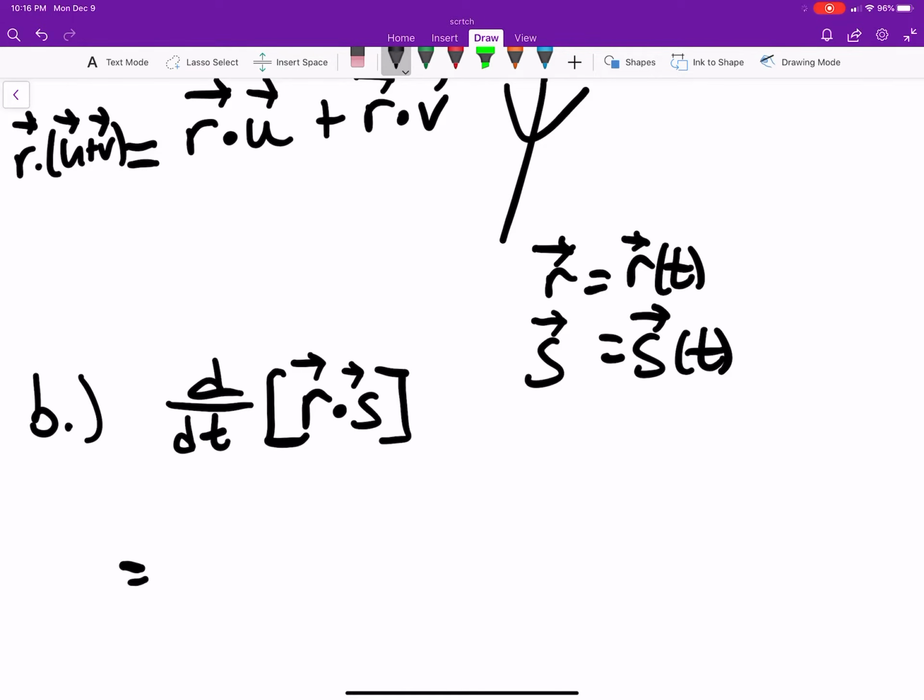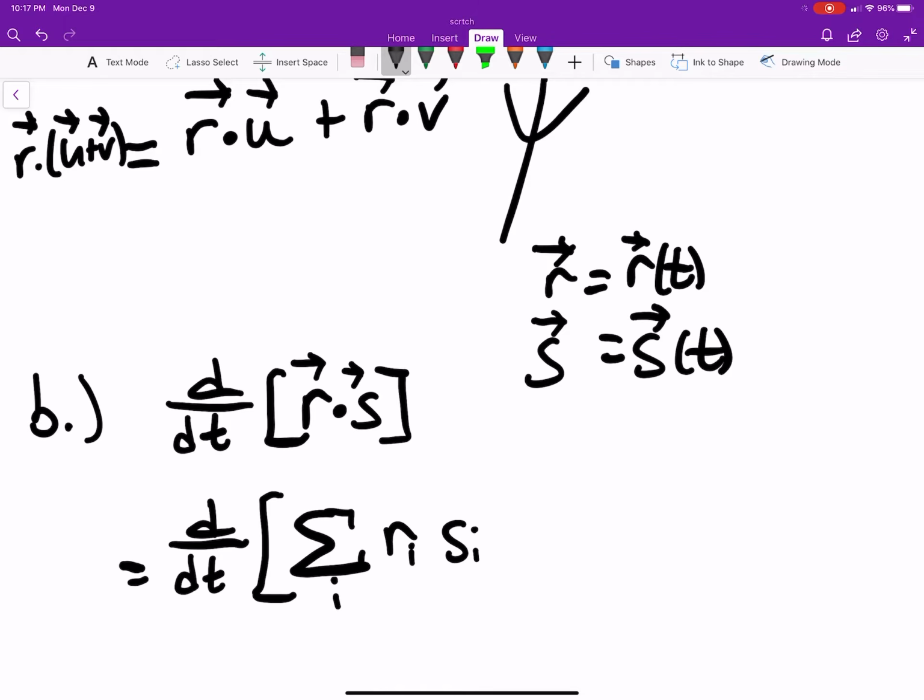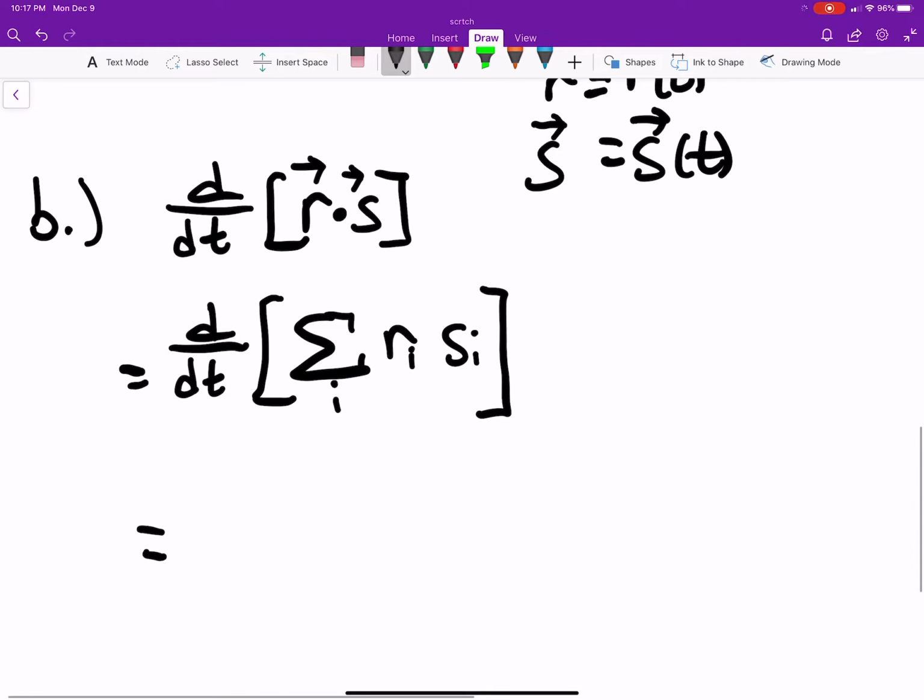Okay, so d by dt of r dotted with s, using our definition for the dot product, is really the derivative with respect to time of, well, r dotted with s, we can use our sigma notation now. And that's really r_i times s_i, right? Cool. Well, let's continue writing through this logic here. I'm going to rewrite this a little bit.